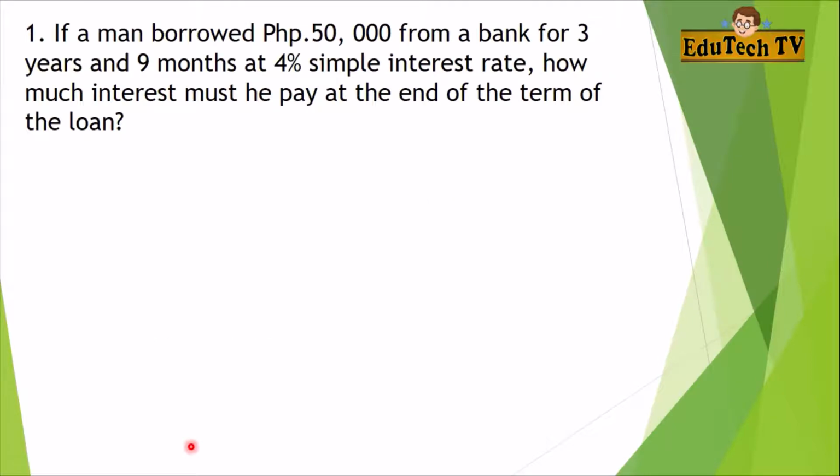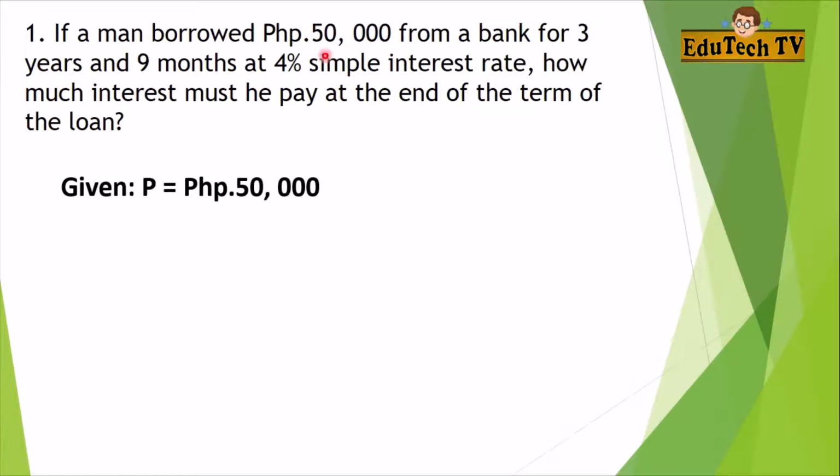Now let's have our example. If a man borrowed 50,000 from a bank for 3 years and 9 months at 4% simple interest, how much interest must he pay at the end of the term of the loan? So we are going to find the interest. First, the given.